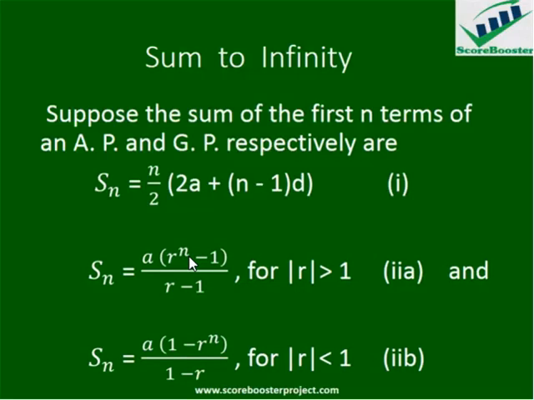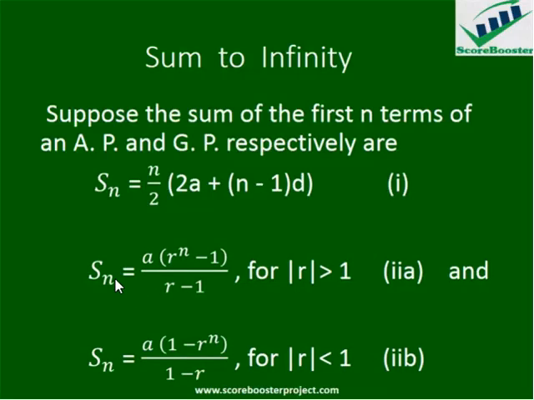When n is 4, if you substitute the value of a to be 2, r to be -2 and n to be 4 and evaluate, we have the value of Sn equal to -10 and r raised to power n equals 16. When n is 5, the value of Sn equals 22 and r raised to power n equals -32. We know the value of a is 2 and r is -2.